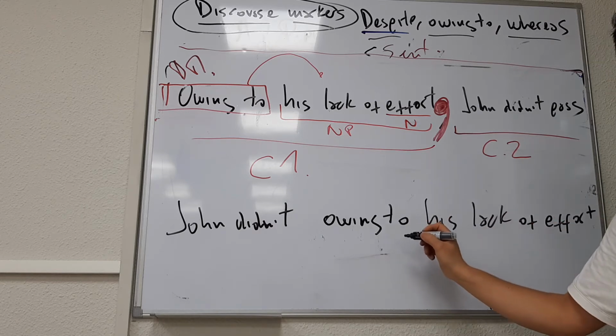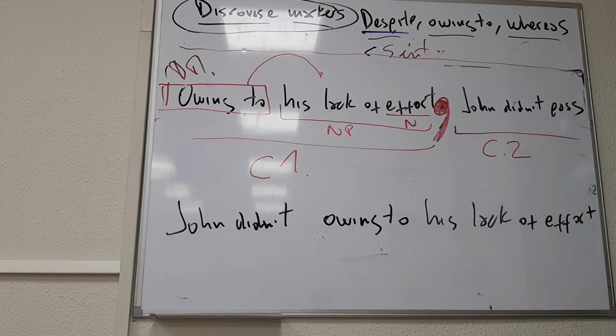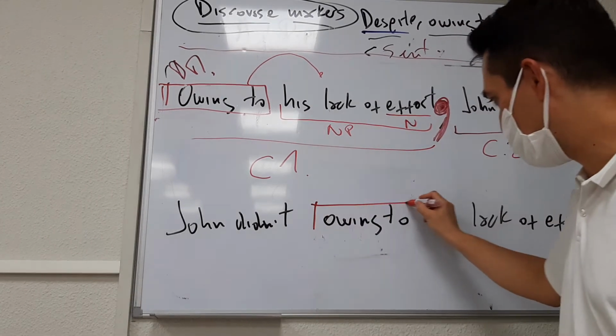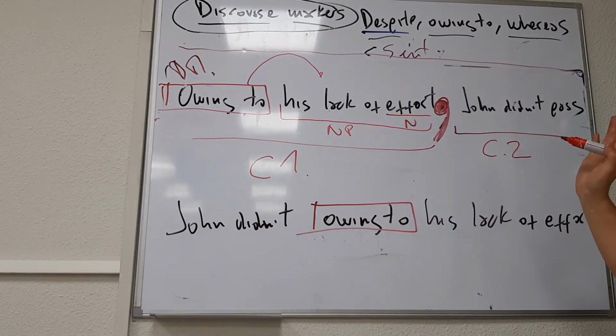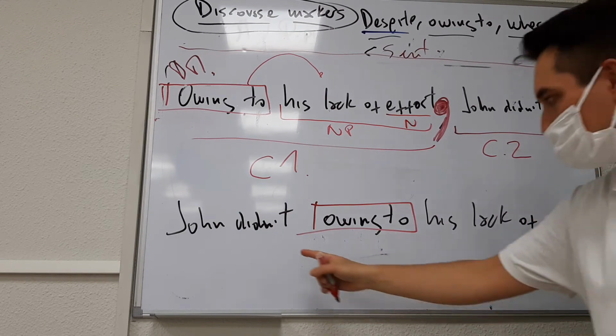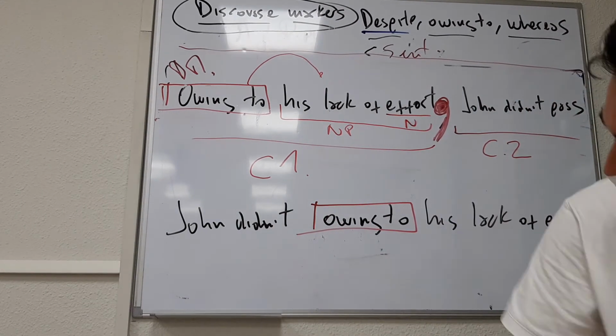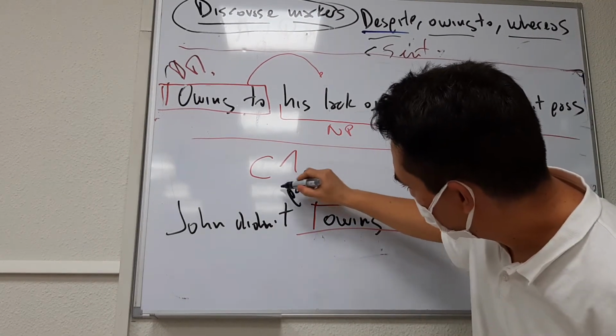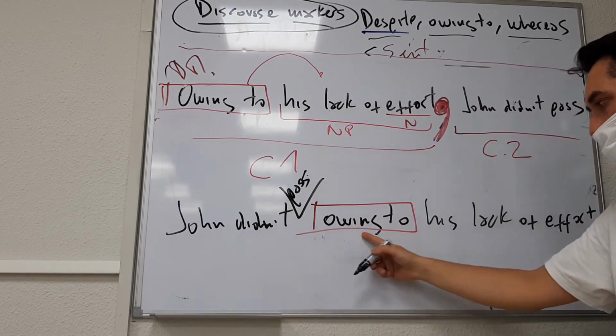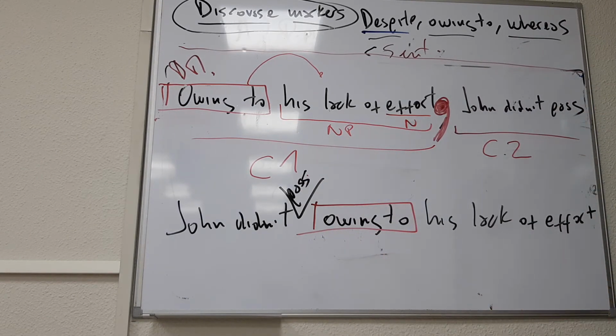Do we need any comma here? No comma. So when the discourse marker is in the middle, there is no need for a comma. John didn't pass owing to his lack of effort. So far, so good?